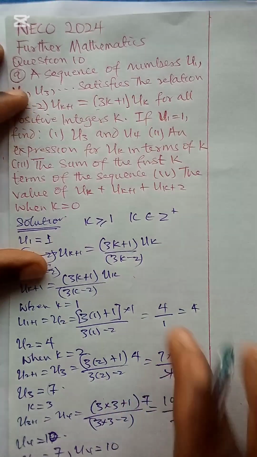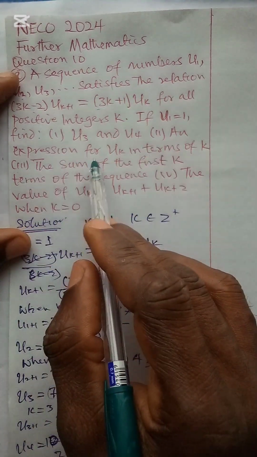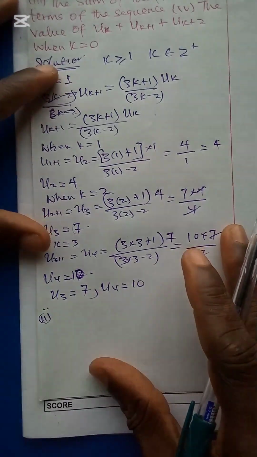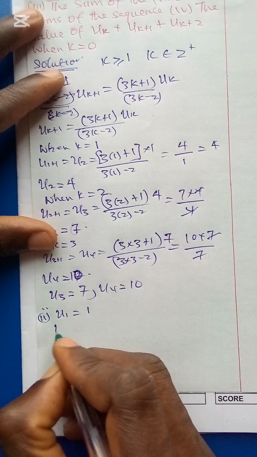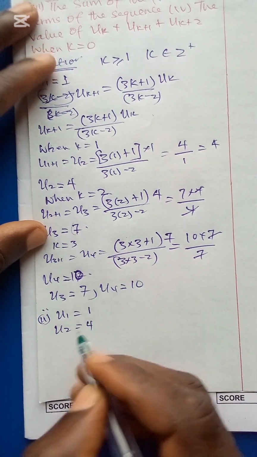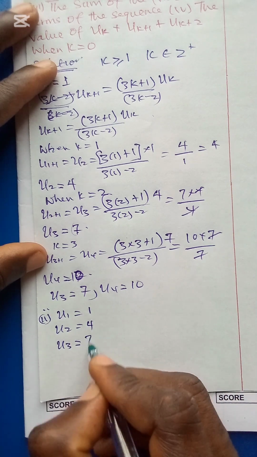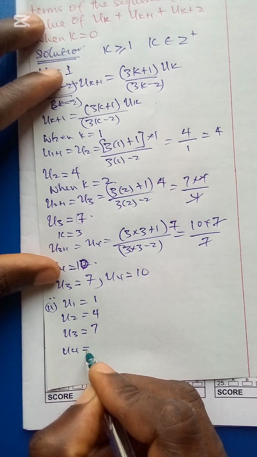Let's now solve the second part of A. The second part says that we should find an expression for u_k in terms of k. Let's remember that this is a sequence where u1 is equal to 1, u2 we calculated as 4, u3 we calculated as 7, and then u4 is 10.